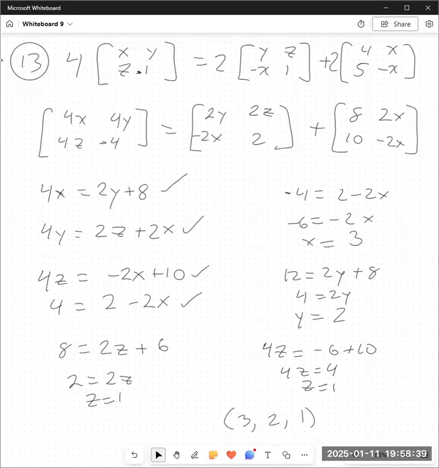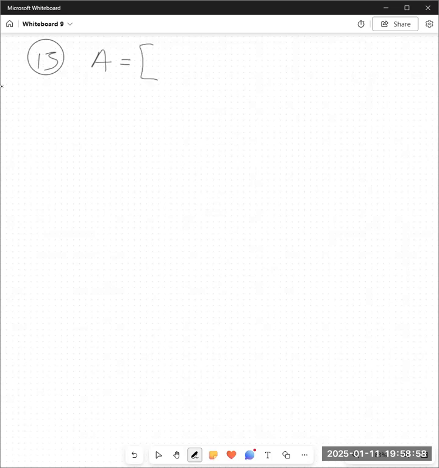Move along to some matrix multiplication. It's going to be number 15. Matrix A is going to be 1, 2, 4, 3. Matrix B is going to be 2, -1, -1, 8.